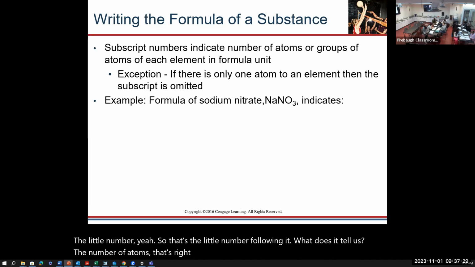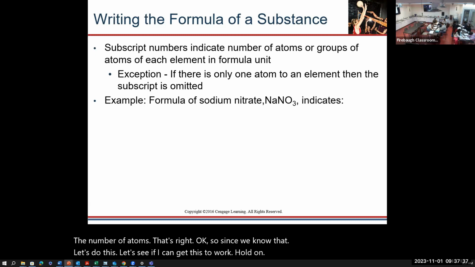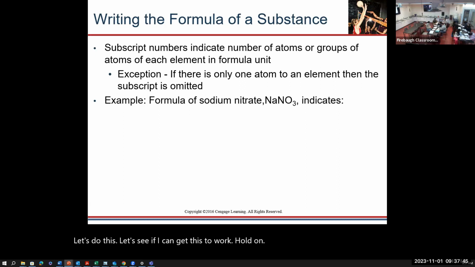Okay, so since we know that, how many sodiums do we have in sodium nitrate?